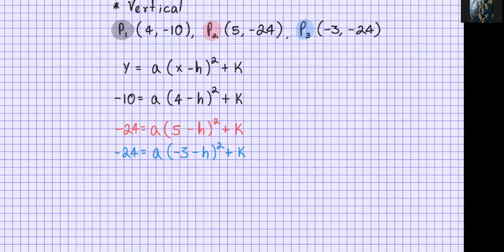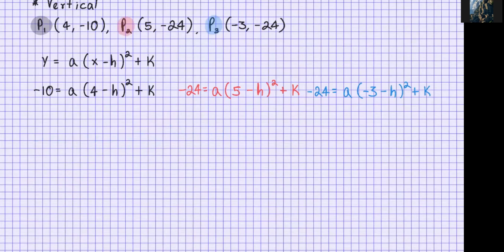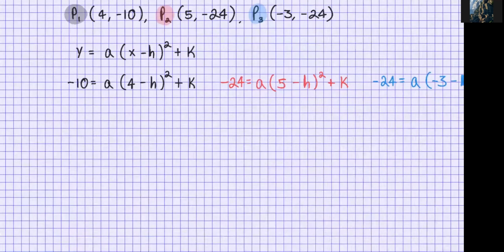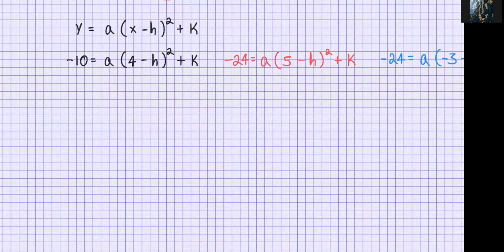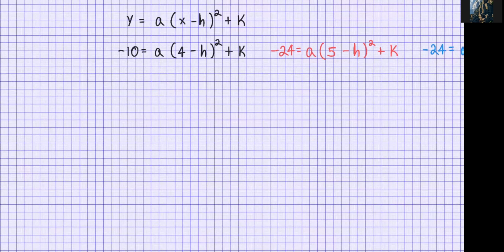Now that I have my 3 equations, let me move this one right here and this one right here. Now that I have my 3 equations, I am going to develop them. I want to have all my variables developed so I can work through the process of elimination later on.